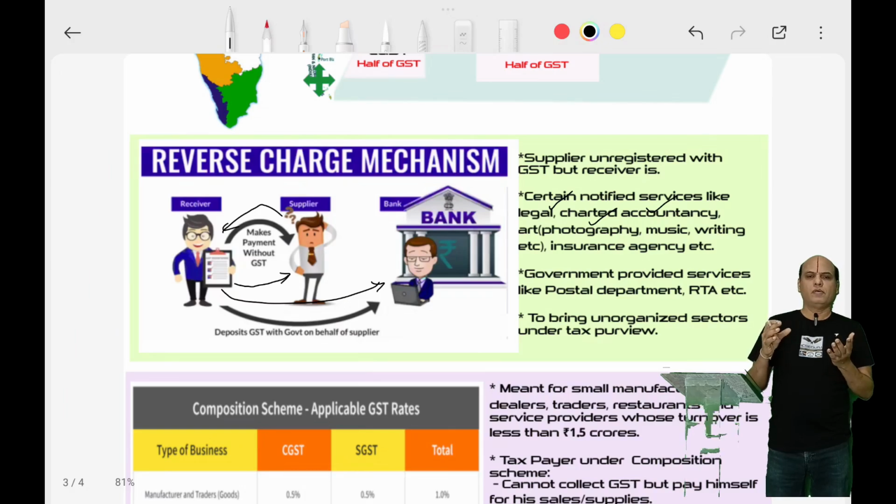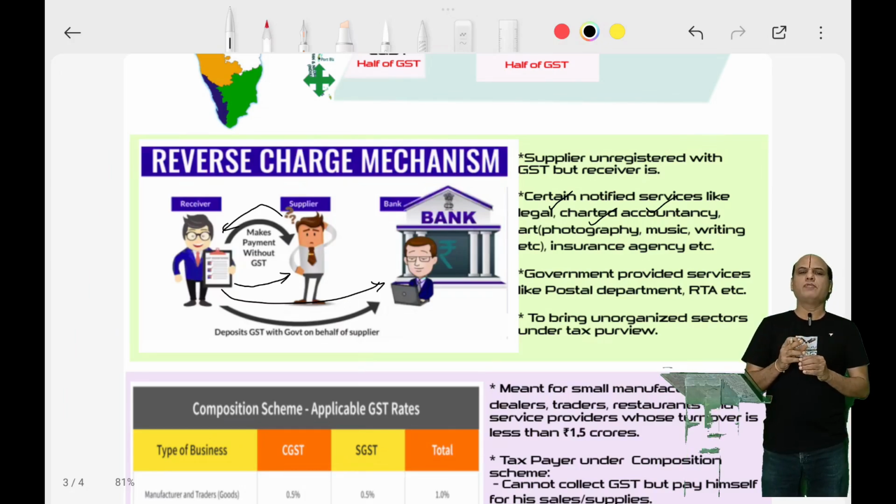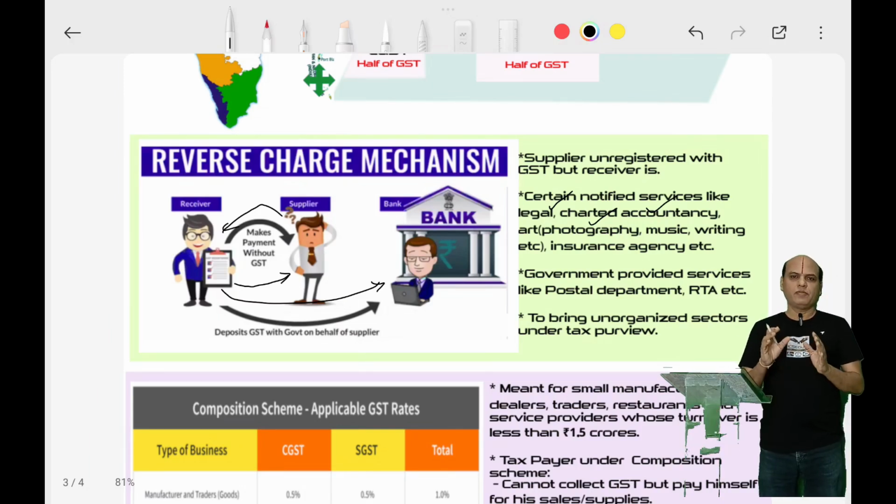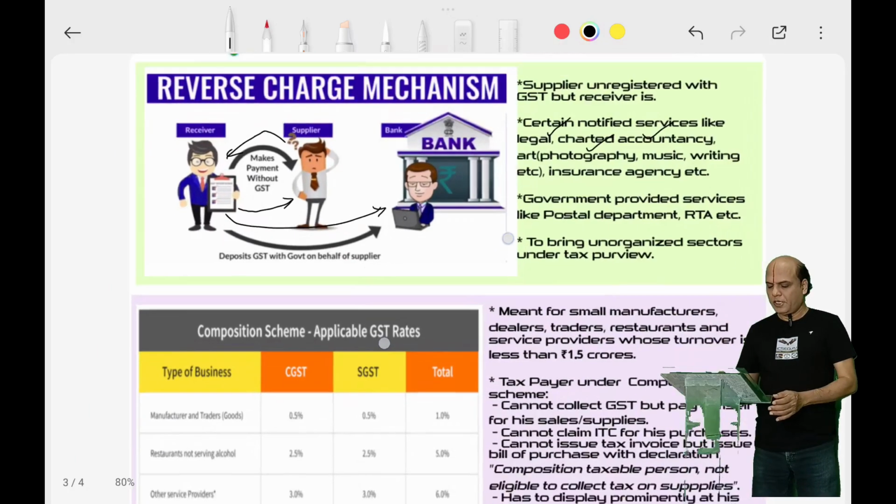So such suppliers will be able to supply goods to the receivers who are registered under GST. So this is reverse charge mechanism. There could be questions on the theory of reverse charge mechanism, or who avails reverse charge mechanism, things like that. So let us move further.